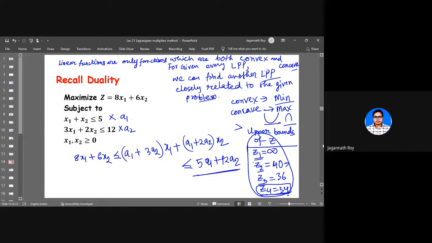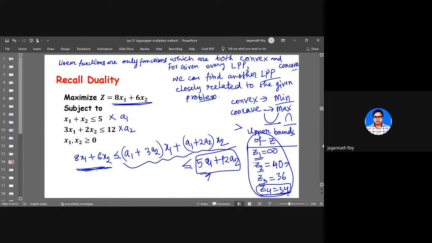And we found that this is one upper bound for the objective function. As you can see, this is our objective function, and not only that, this is also an upper bound.